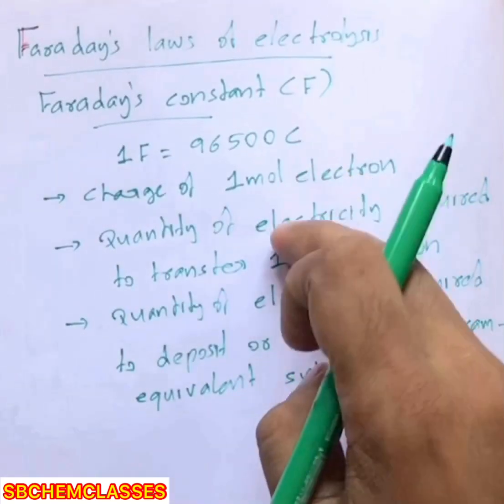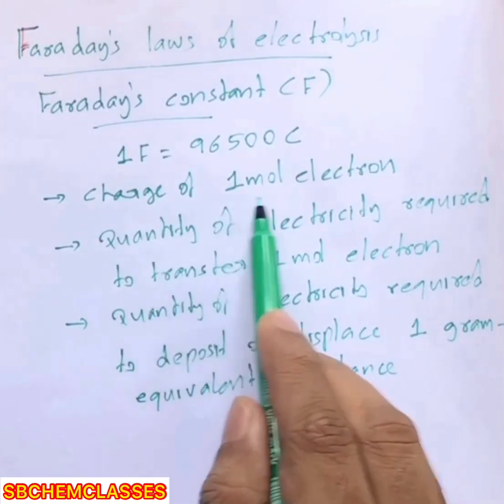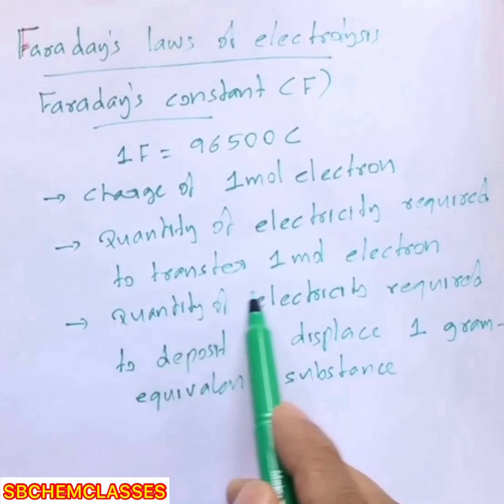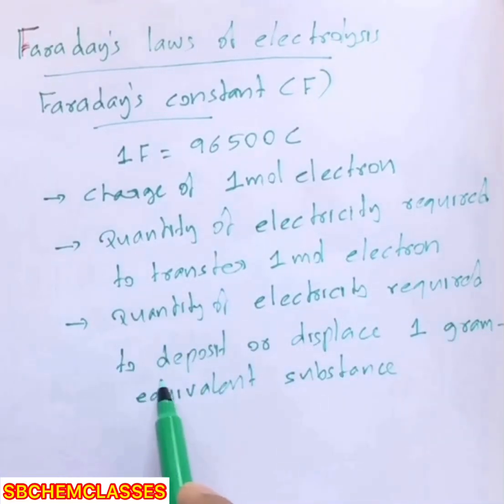These are the three definitions of Faraday's constant. It is the charge of 1 mole electron. It is the quantity of electricity required to transfer 1 mole electron. It is the quantity of electricity required to deposit or displace 1 gram equivalent substance.